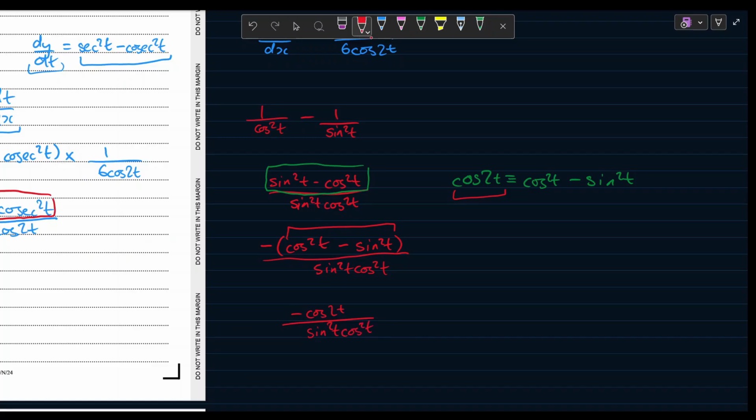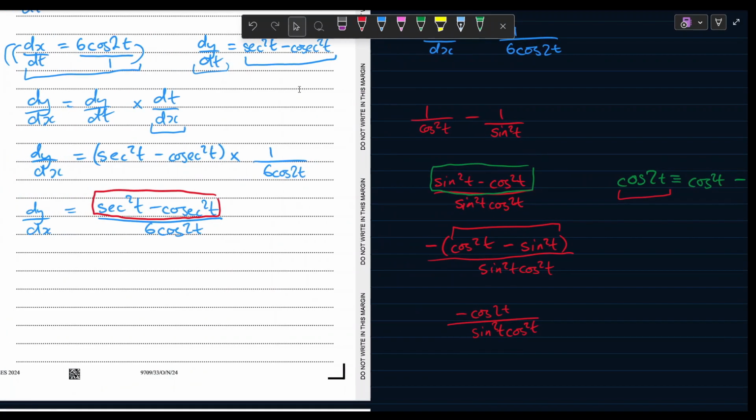All right, let's just put it back into our dy/dx for now. So dy/dx is equal to, remember this is our numerator, negative cos 2t over sine squared t cos squared t, and this is all over 6 cos 2t.